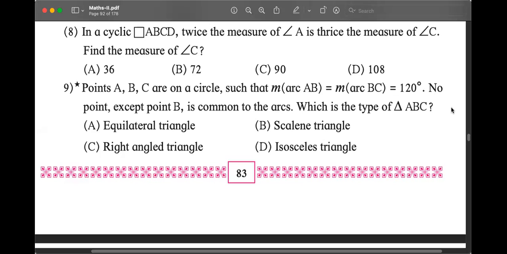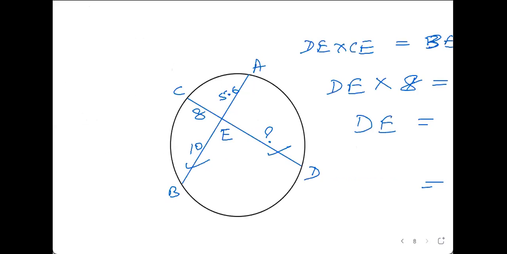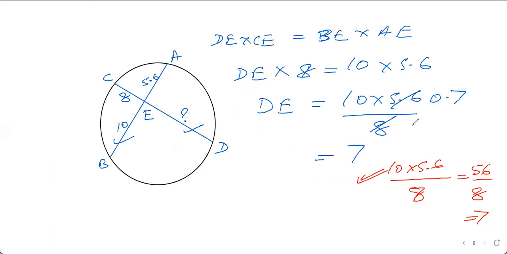Twice the measure of angle A is thrice the measure of angle C. Find the measure of angle C. The definition of a cyclic quadrilateral is a quadrilateral whose all four vertices lie on one particular circle.